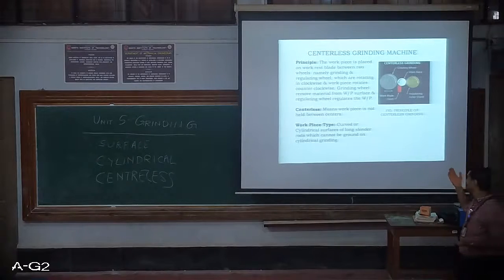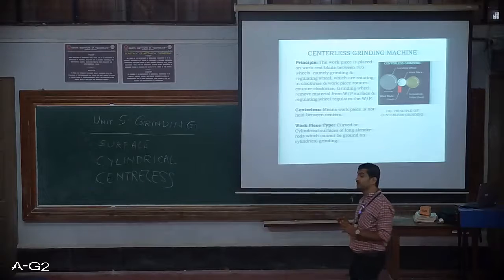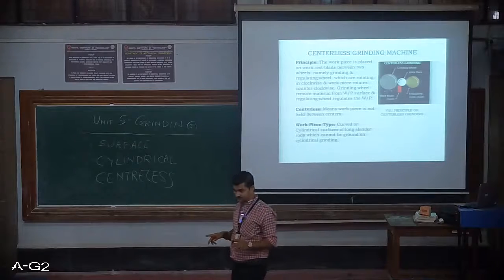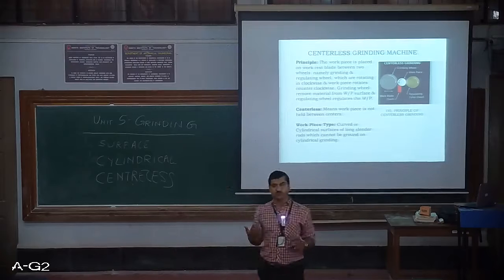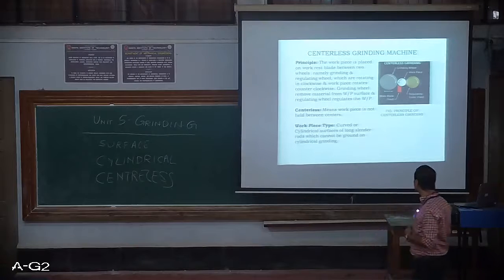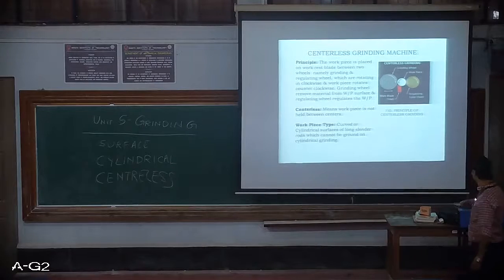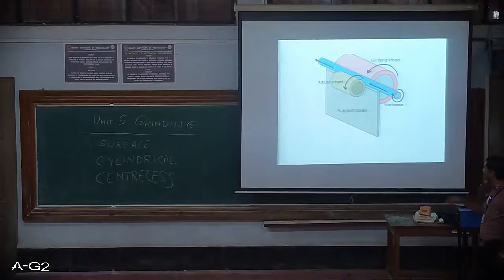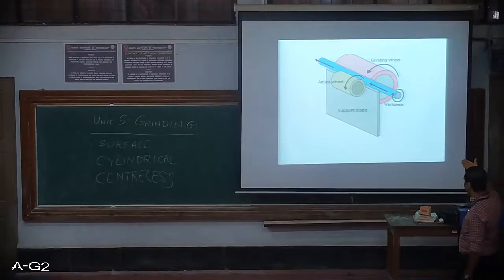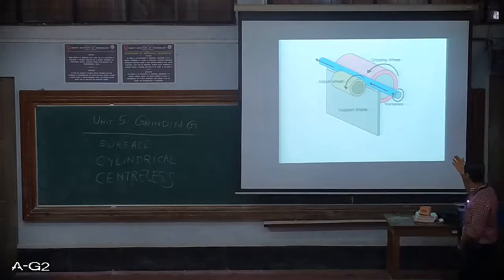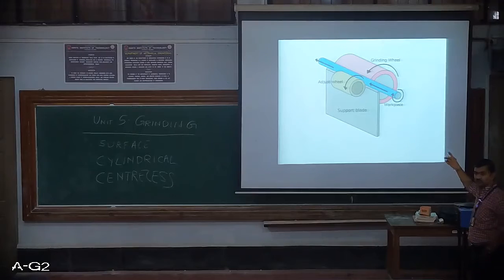The name itself suggests centerless. The work is not held in between the two centers. In cylindrical grinding the work is held in between the two centers, right? So that is your centerless grinding machine. Can you see here? This is the long shaft which is held in between the adjusting wheel or the regulating wheel and the grinding wheel. You can just observe this.